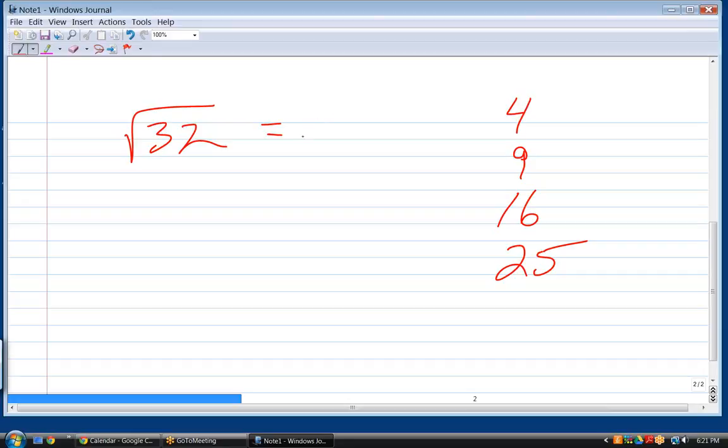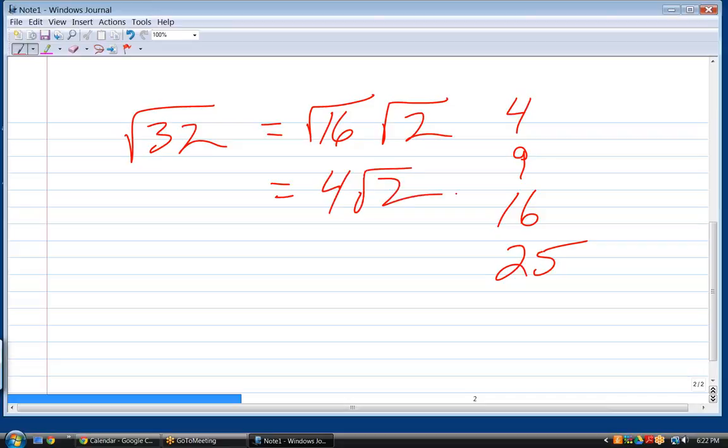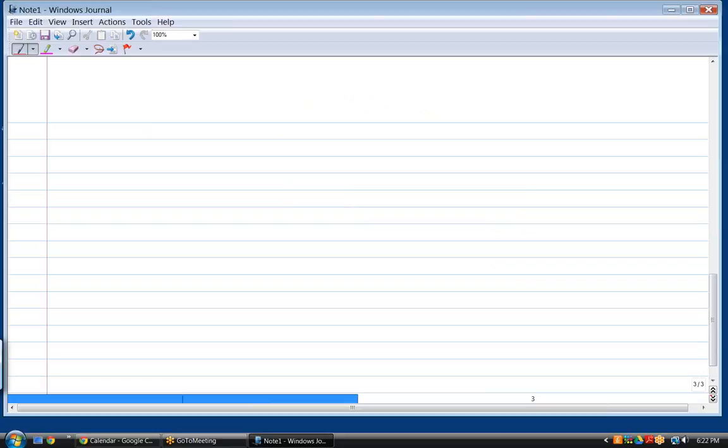Very good. So it's the square root of 16 times what? 2. What's the answer? 4 root 2. Perfect. I think you're getting the hang of it.